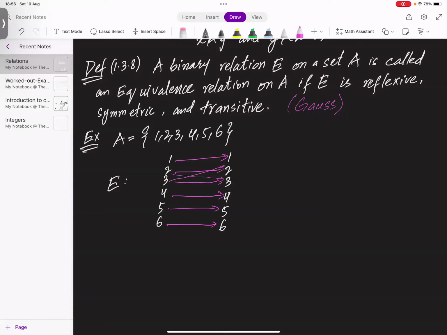We can also write E as (1,1), (2,2), up to (6,6), and (2,3), (3,2).